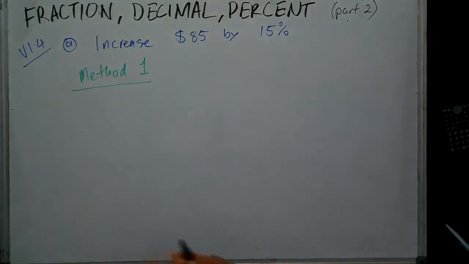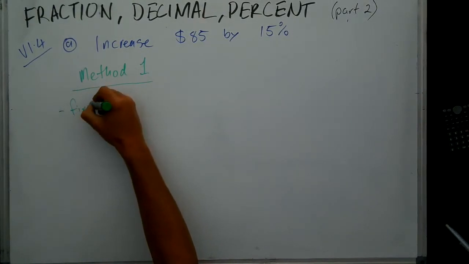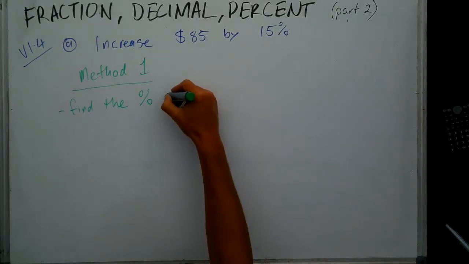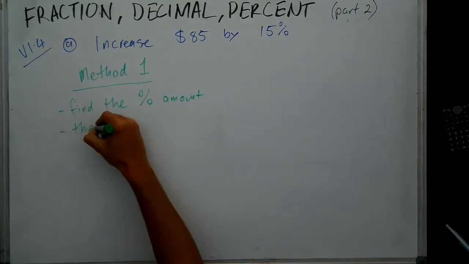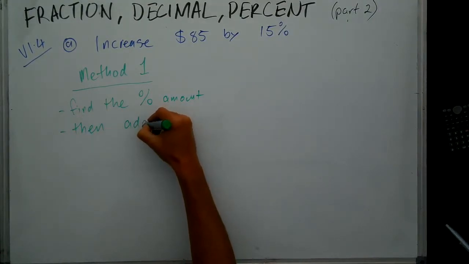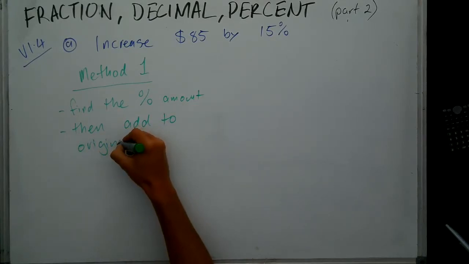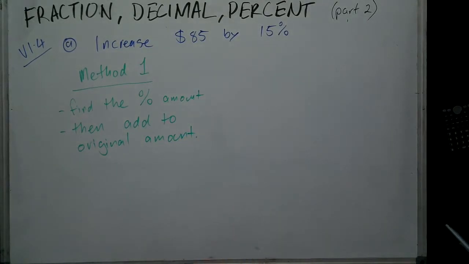method 1, and I'll just list the steps. Find the percent amount, then add to original amount. Okay, so let's do that.